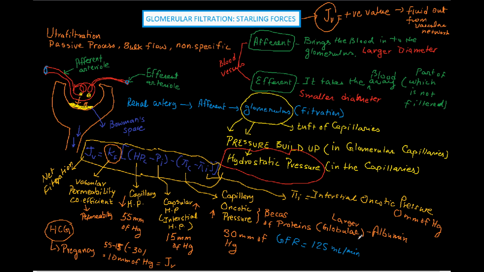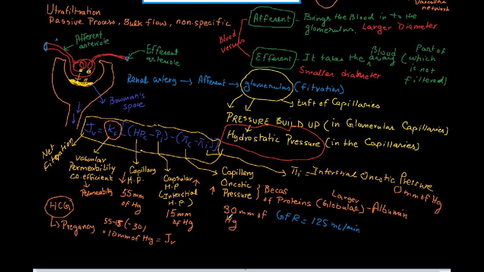Another thing I wanted to mention: I don't have the room to write it, but I'll talk about it, or maybe I can write it down here. For the afferent arteriole, 100% of blood is entering the afferent arteriole, but only 20% is filtered.